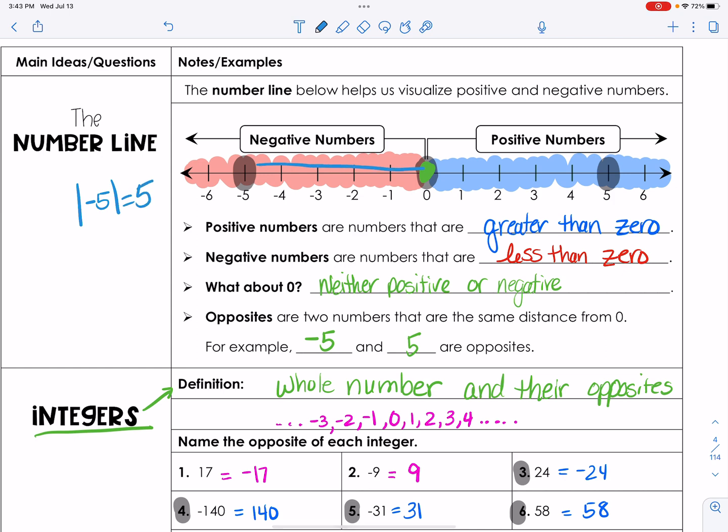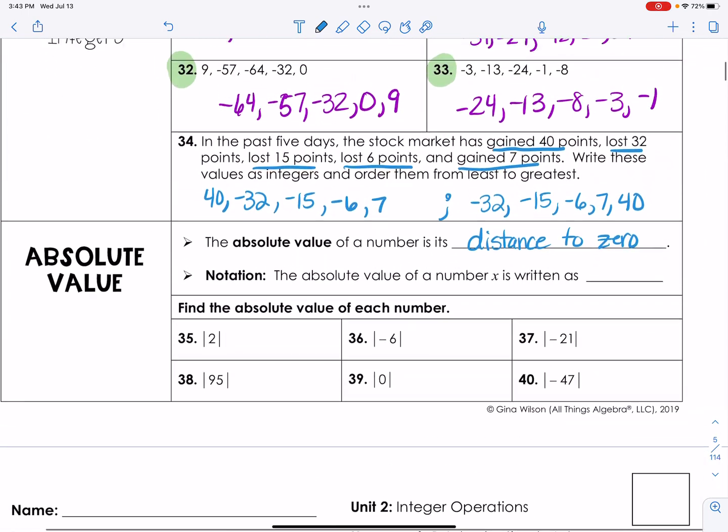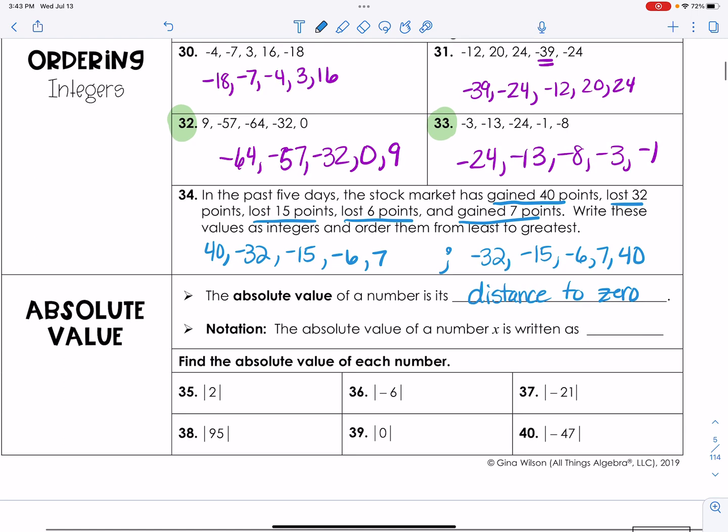It's 5. And if I do the absolute value of a positive 5, it's also 5. So one way to look at absolute values is they make all your numbers positive.